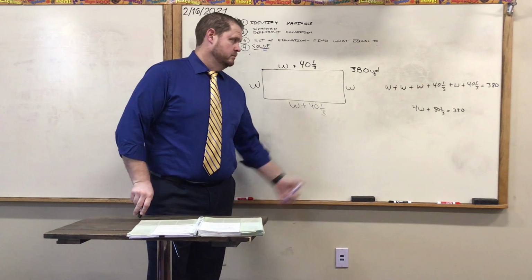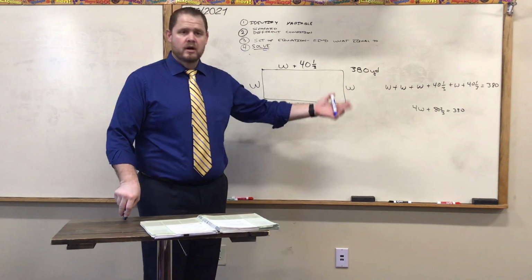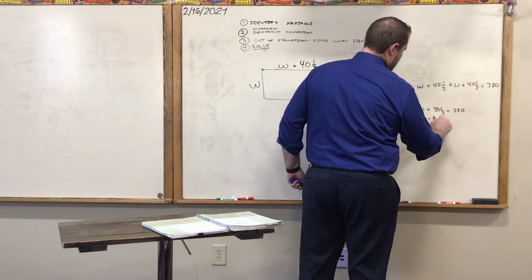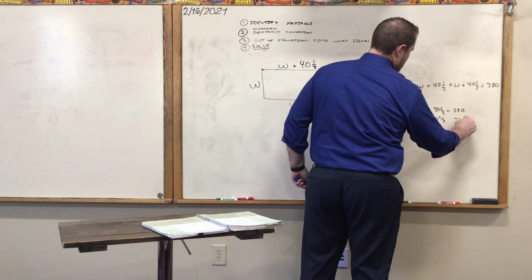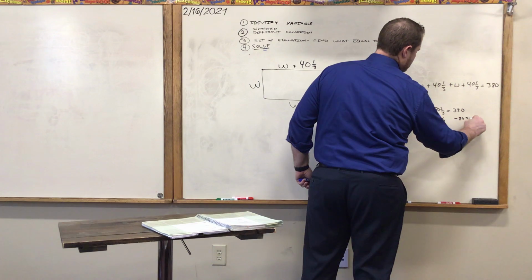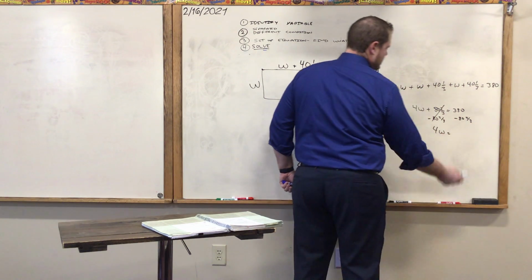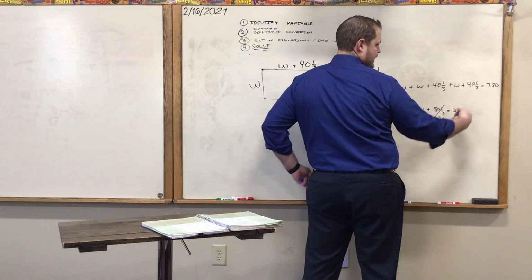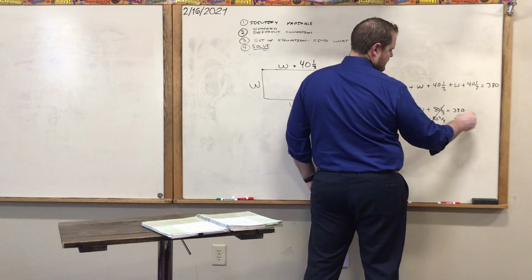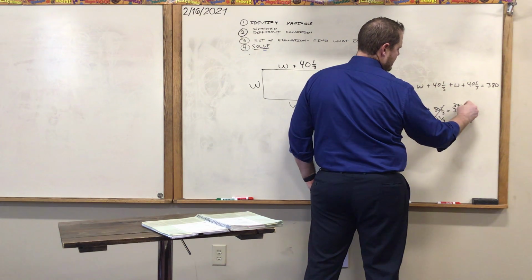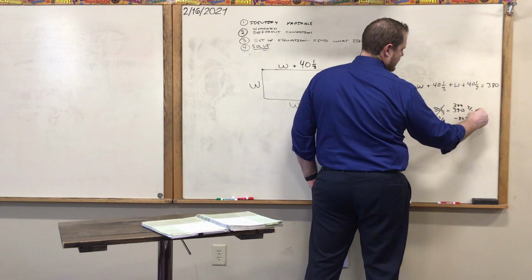Now what do I do? Well, I have to move it over. Yes, good. So you subtract 80 2/3. Do you guys know how to do that? 4W equals, so what do I got to do? Well, I need to borrow here, so it's going to be 379 and 3/3.